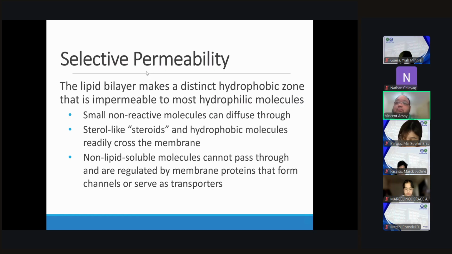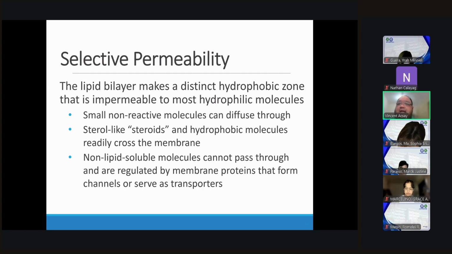Next, the property of selective permeability occurs because the lipid bilayer has very distinct hydrophobic zones that are impermeable to hydrophilic molecules. If something wants to pass through a lipid bilayer, it will first encounter a hydrophilic side, which may react with the hydrophilic molecule. But upon reaching the inner hydrophobic zone, it will be stopped.